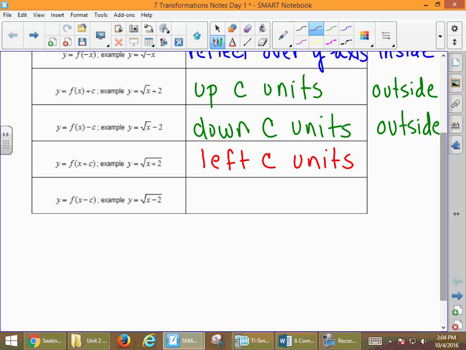It goes the opposite way of what we think it does for the inside. That's where the plus c is. But once we've got that down, then f of x minus c means that we're going to go right c units. And I hope that this is looking familiar for you.